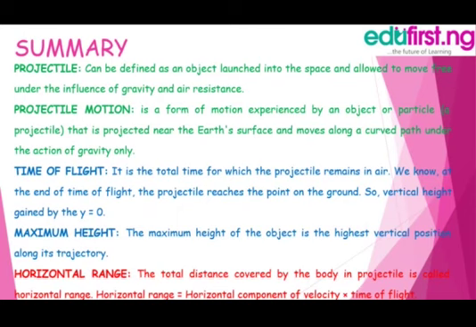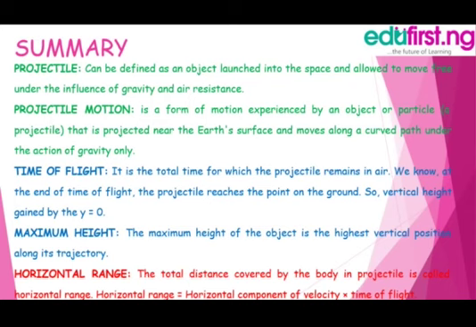In summary, a projectile can be defined as an object launched into space and allowed to move freely under the influence of gravity and air resistance. Projectile motion is a form of motion experienced by an object or particle that is projected near the Earth's surface and moves in a curved pattern under the action of gravity only.